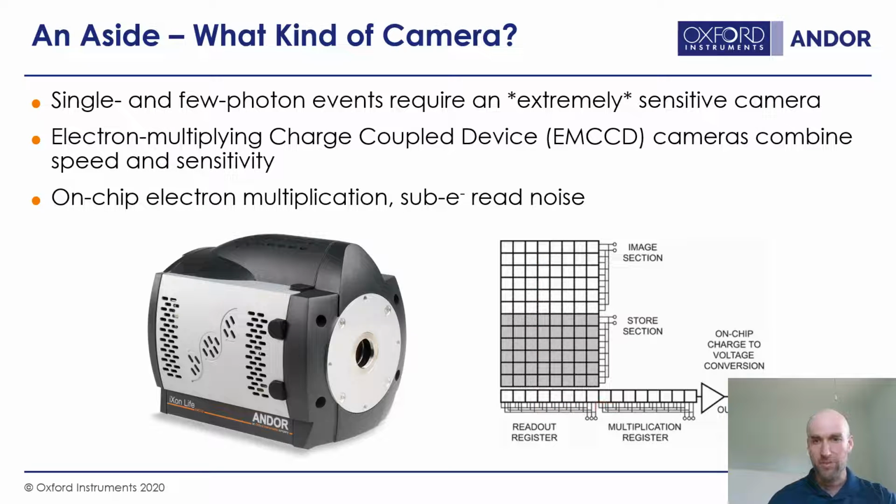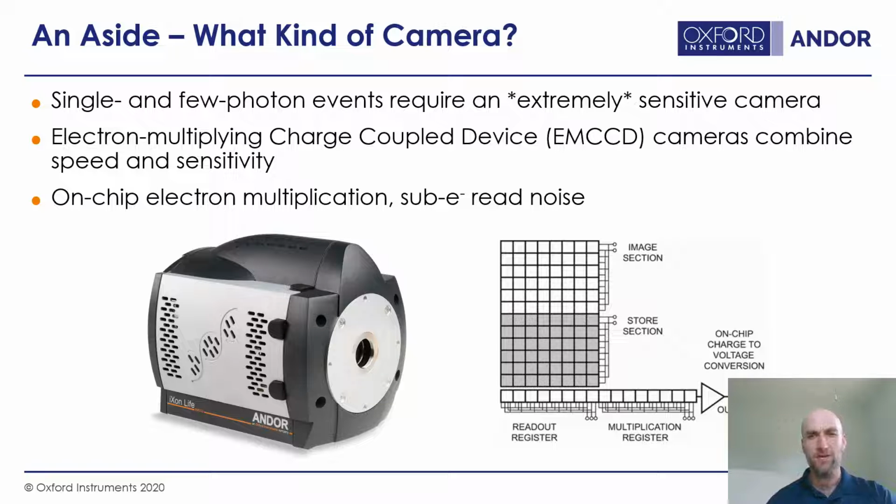So there you have on-chip electron multiplication, which is kind of like a PMT or an APD, and it gives you sub-electron read noise. That is to say that you have extremely low read noise, a very, very low noise floor, and you can measure spectra that are just handfuls of photons per peak or something like that. Very, very weak signals.